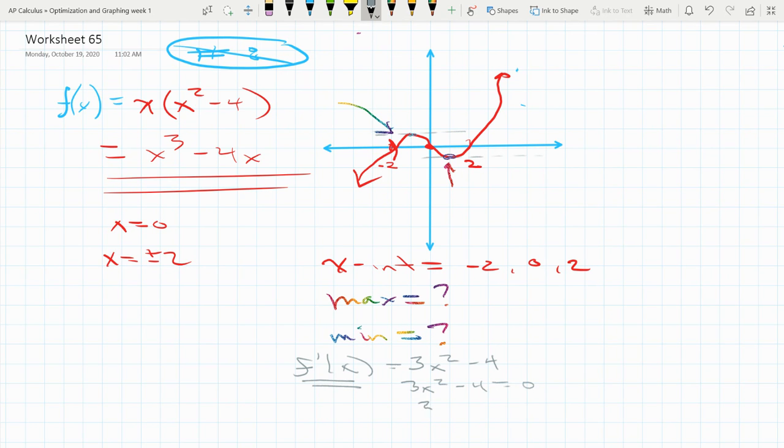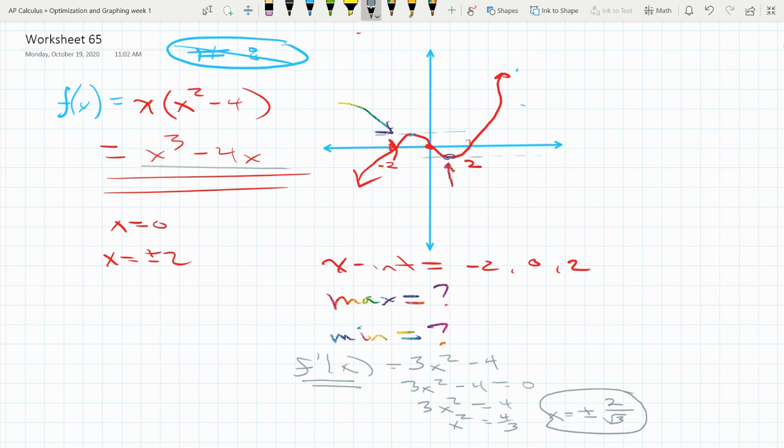And then I get 3x squared equals 4. x squared equals 4/3. And that means x equals plus or minus 2 over the square root of 3. So this right here is going to be where a maximum and minimum point are located. So how do I find that exact point? Well, I'm going to take this and I'm going to plug it into my original equation here.